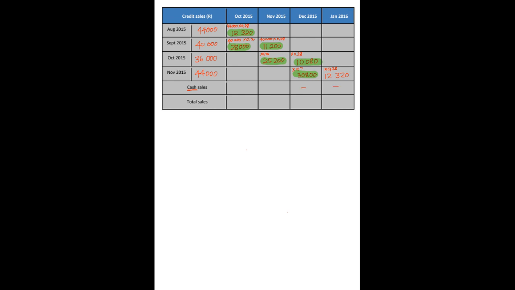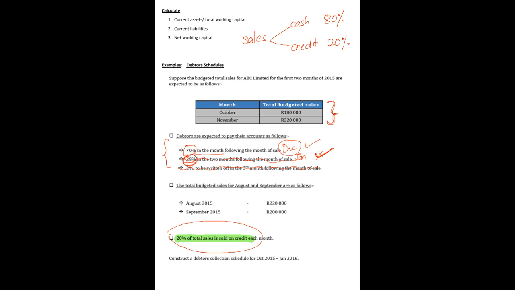So we're going to take the total sales for October and November. It was 180,000 and 220,000, and we're going to multiply it by 80%.